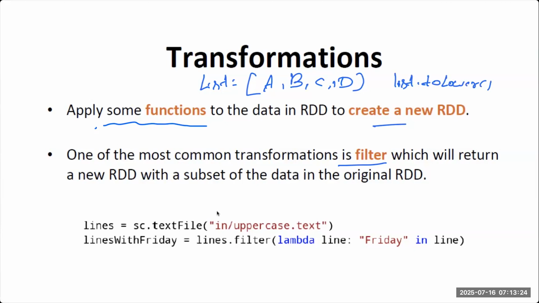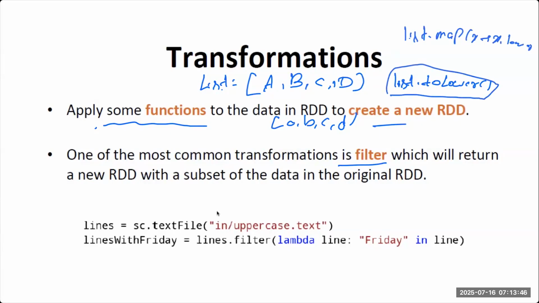Let's suppose the list is some RDD named list, and I write list dot lower. The proper way would be list dot map x equal to x dot lower, but I'm just speaking at a high level. So transformation is when you want to transform intermediate data into some other data.